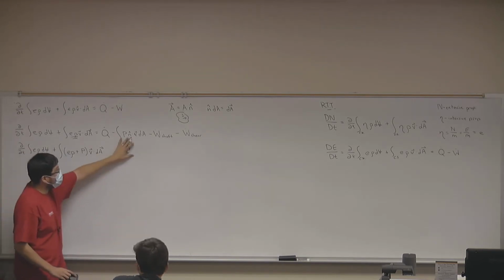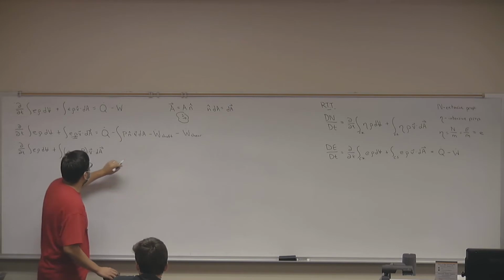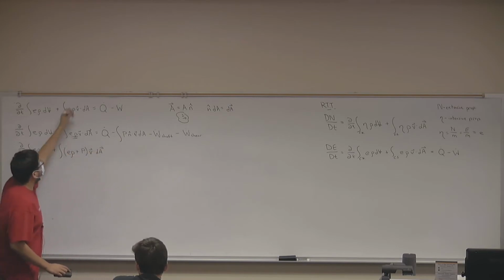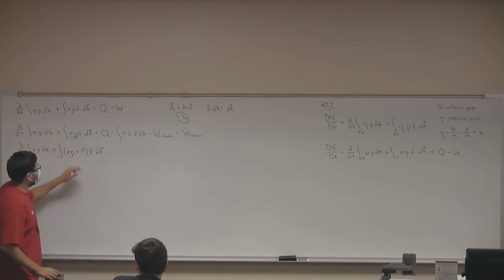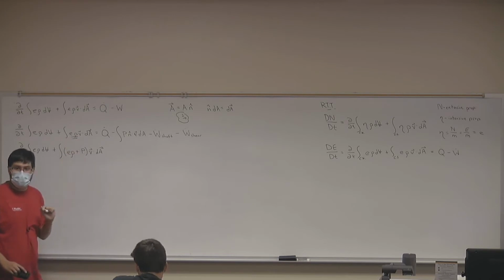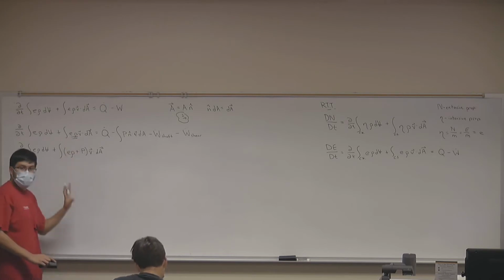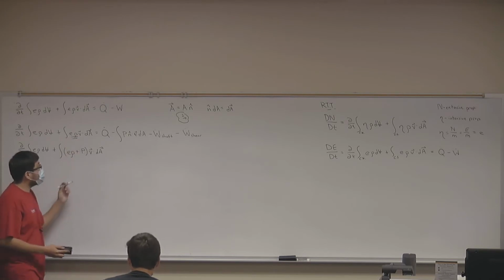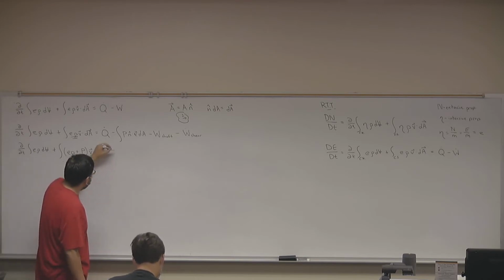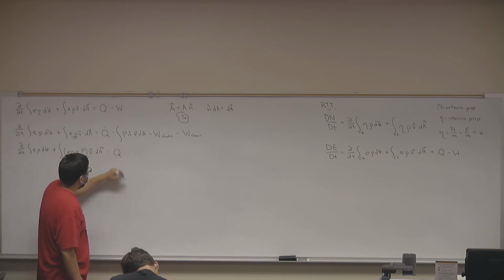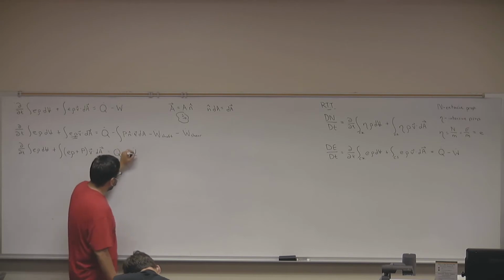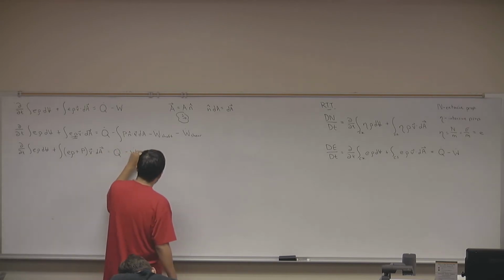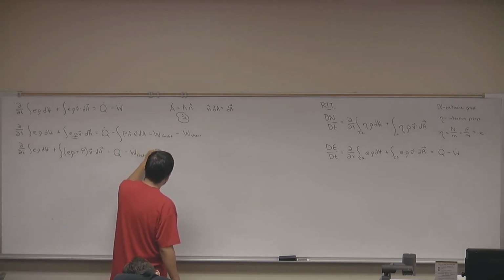So I'm expressing this integral in terms of the dA vector, and then I'm bringing it all the way into my other integral, so that I can join these flux terms as part of the same vector. And all this will be equal to my heat transfer rate minus my shaft work minus my shear work.